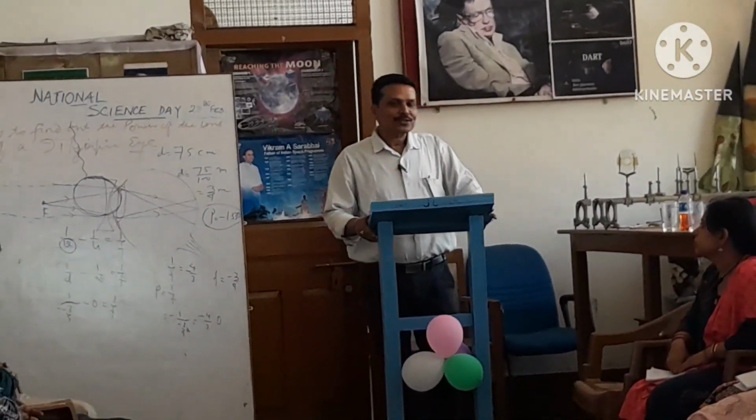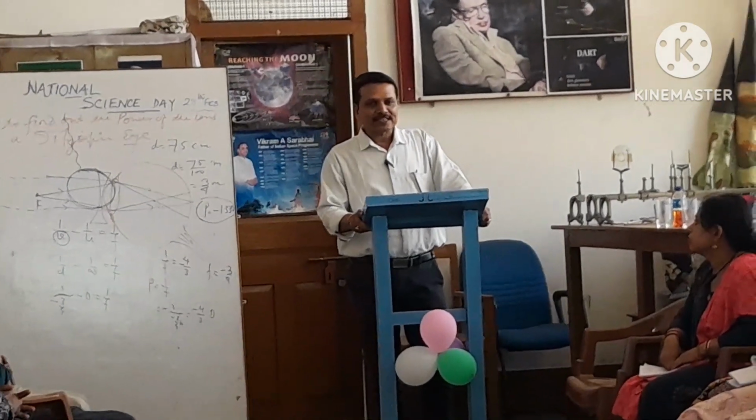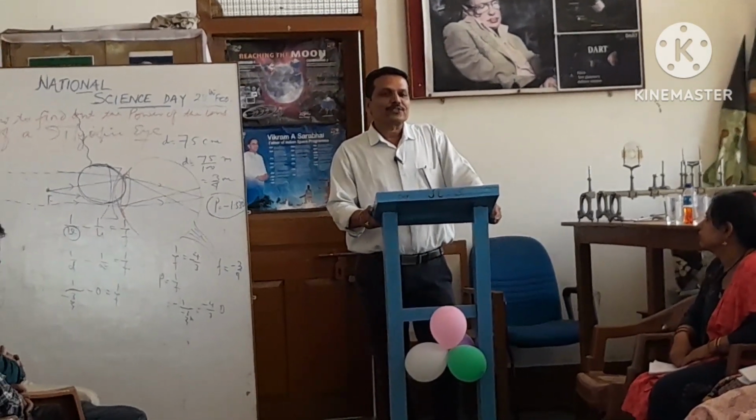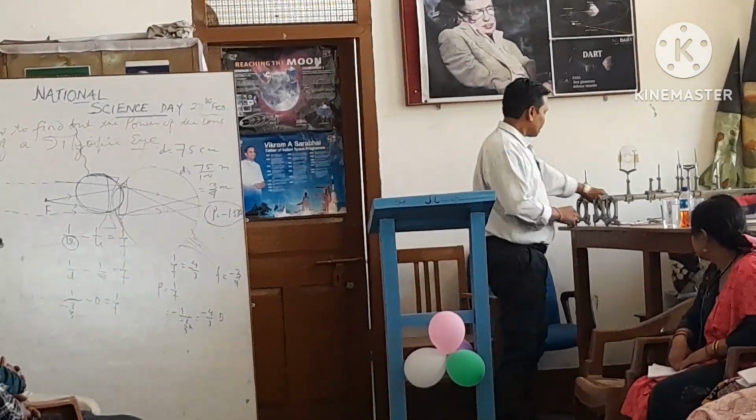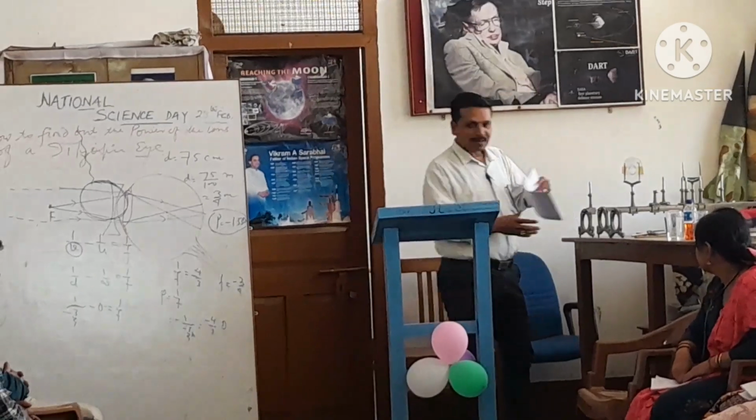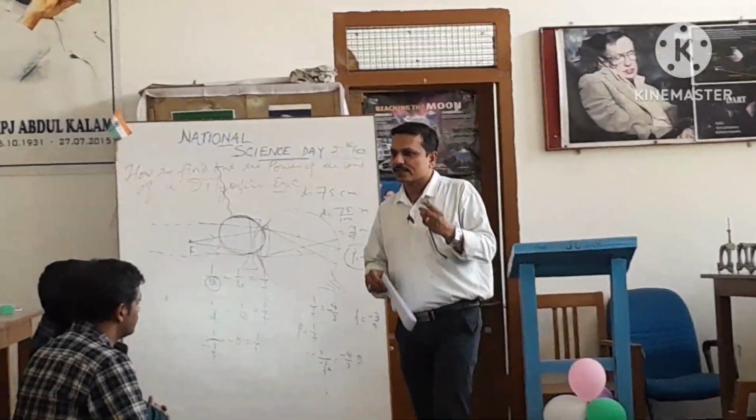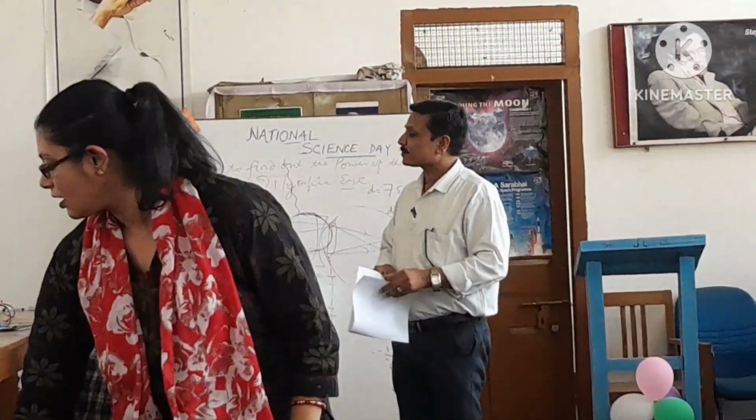I am going to demonstrate the science experiment on the principle of magnetic lines of force. For that, I have to put it on the table to show the formation of lines.